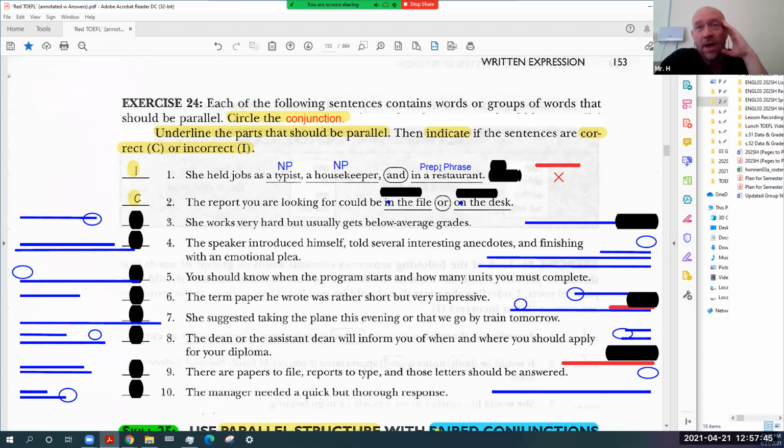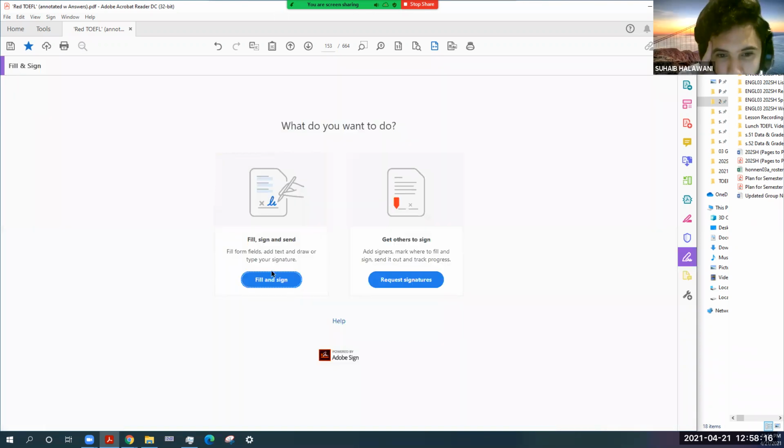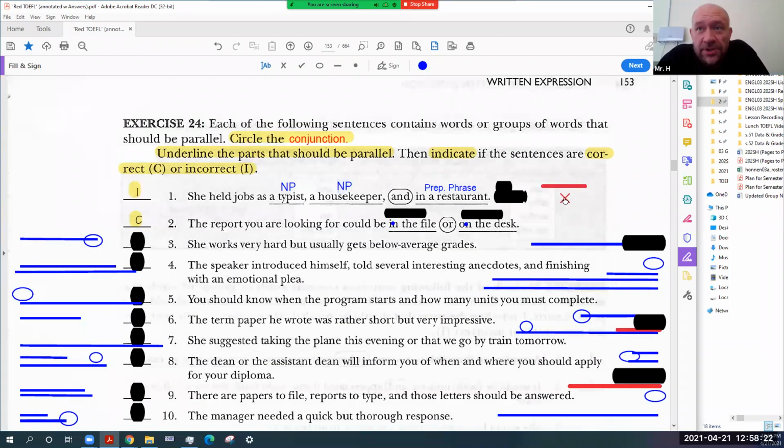There's no balance. How do I make it balanced? Maybe 2 things. We have a noun person here and a noun person here, so remove the preposition. Or maybe you can add the preposition before both noun things before the conjunction. If I take away the preposition, then we have a restaurant.